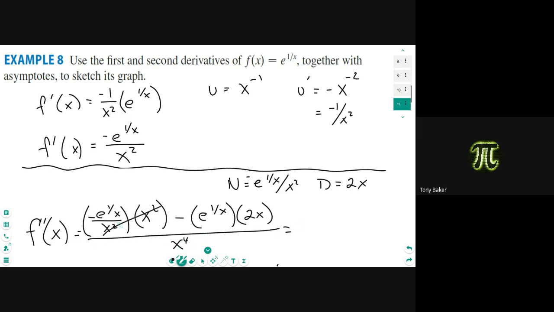So those two cancel out. I get negative e to the 1 over x minus 2x e to the 1 over x over x to the 4th. I'm missing a negative sign. Where am I missing a negative sign?